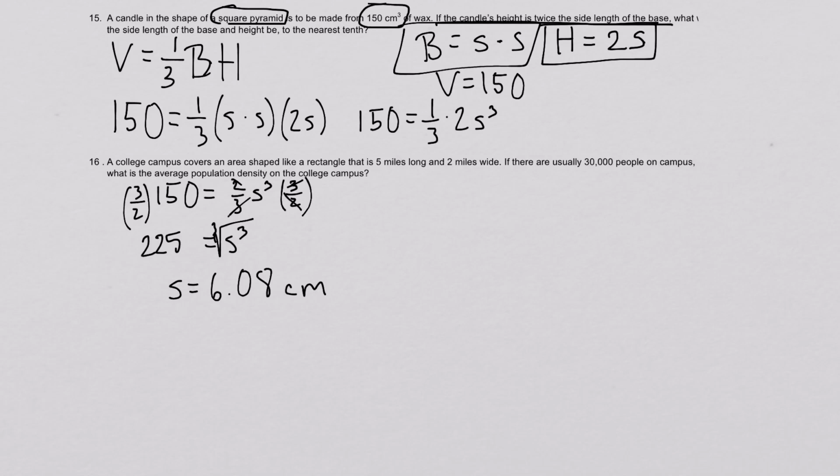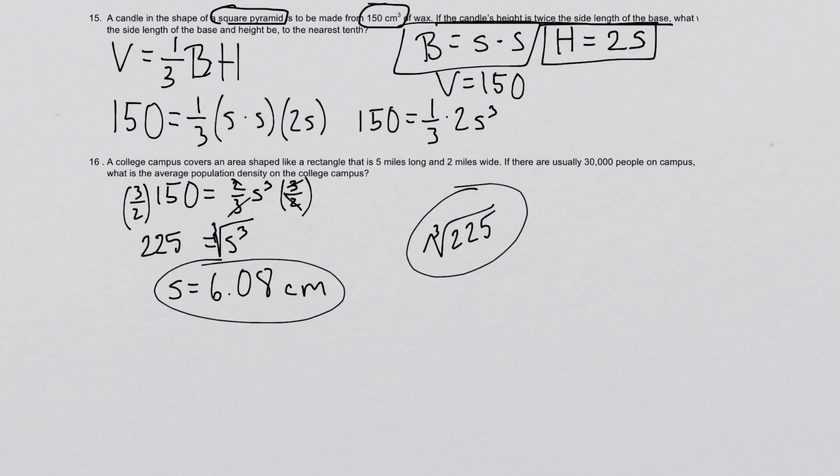Okay, in order to find that number, you need to put 225 into your calculator and then look for the cube root symbol, which looks like this. That's how your calculator is going to handle it. So approximately 6.08, to the nearest tenth, it says, so approximately 6.1 centimeters.